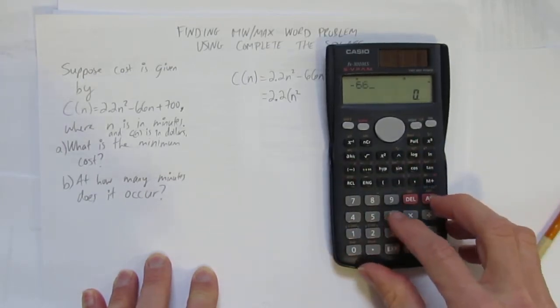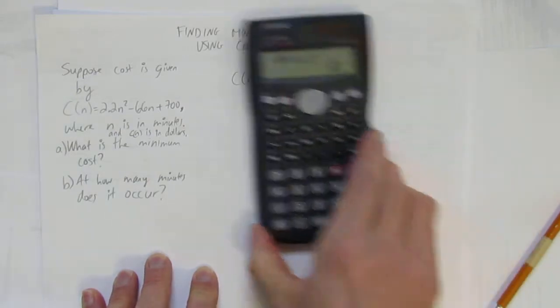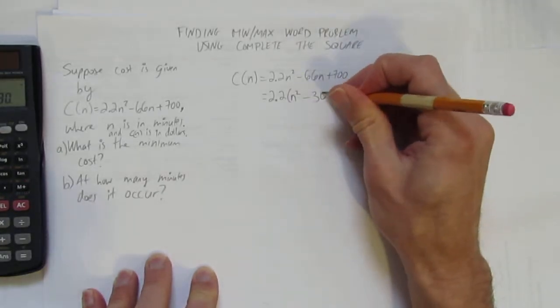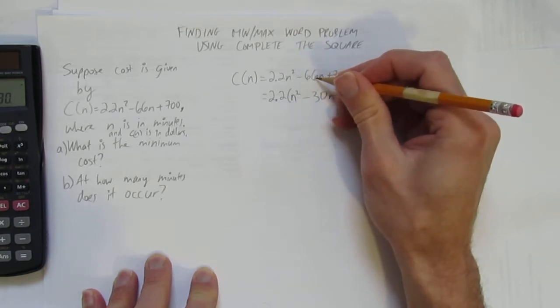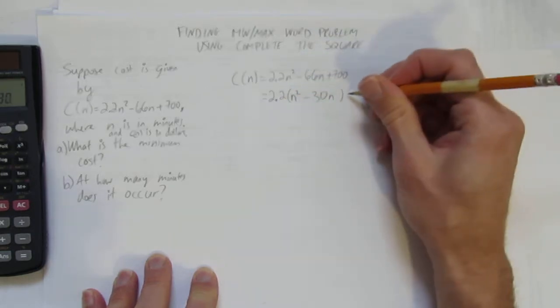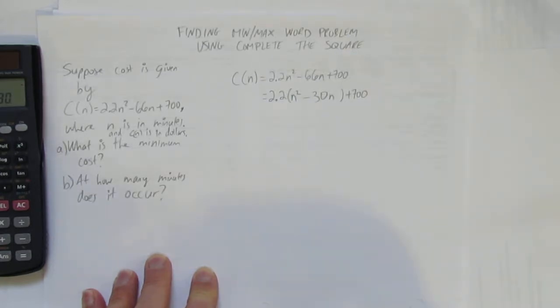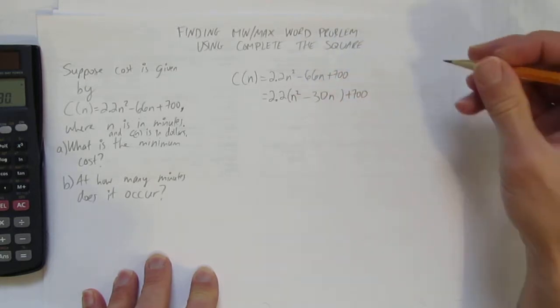Negative 66 divided by 2.2 is negative 30. So I get n squared minus 30n. That's from dividing negative 66n by 2.2. But the 700 I leave out, at least from my common factoring part of the equation.